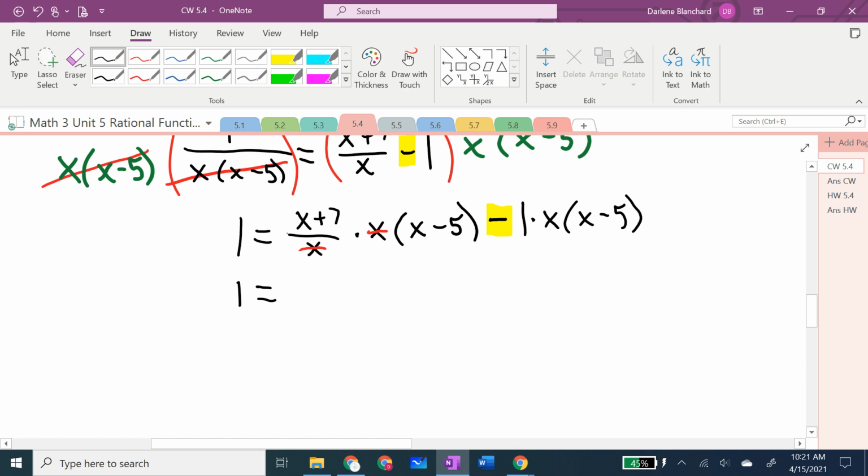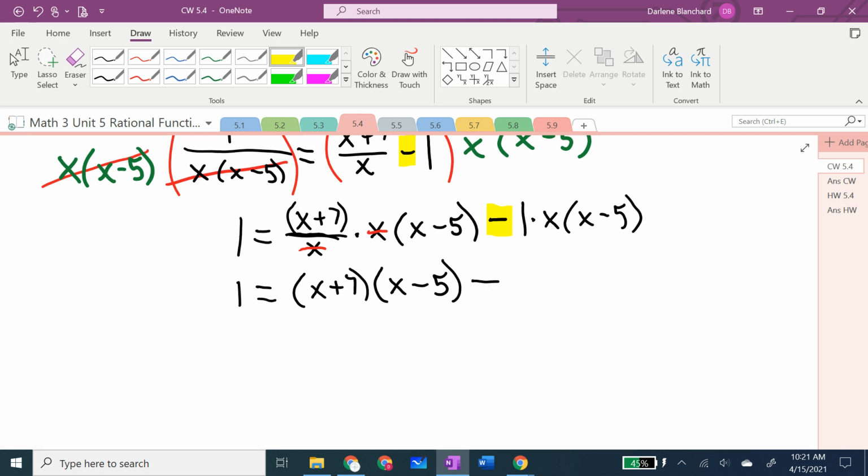But remember that a division bar is also a parentheses. So you actually are left with x plus 7 parentheses multiplied by x minus 5 in parentheses. And then the minus sign.